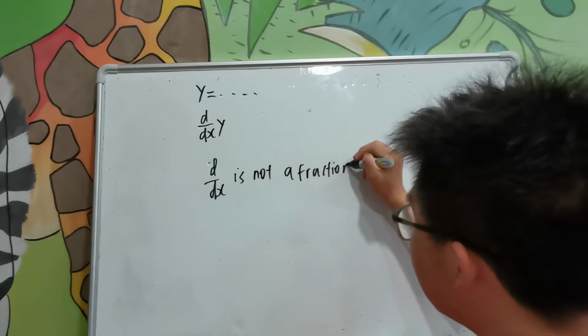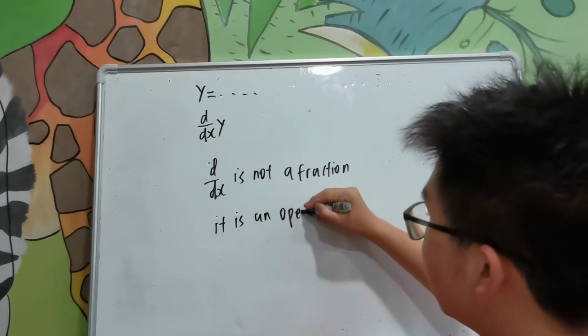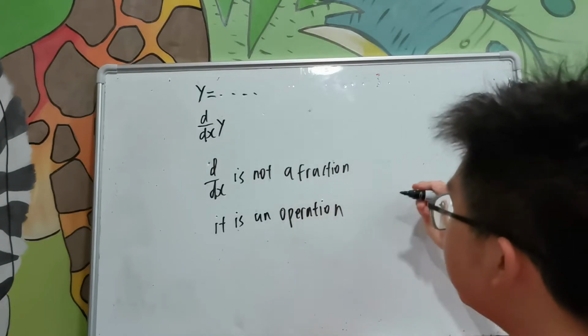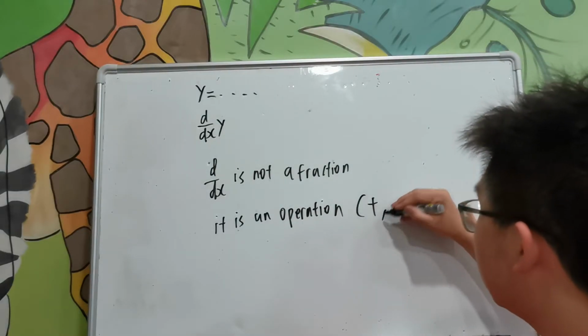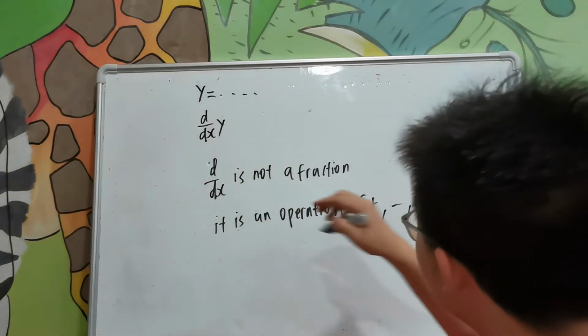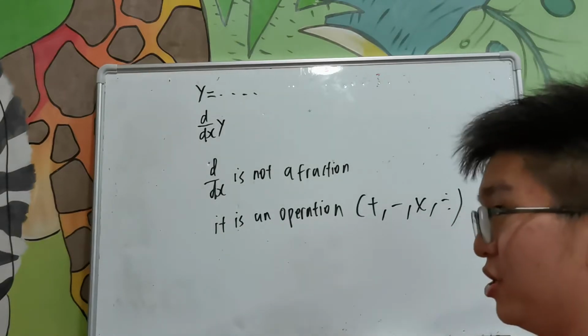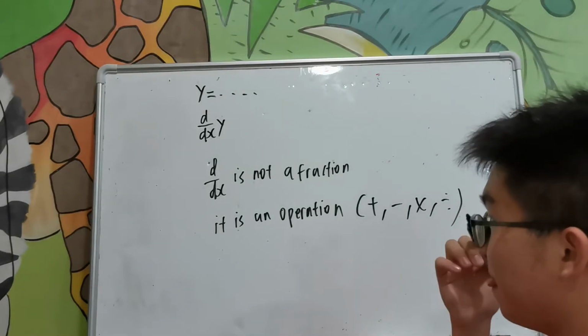It is an operation. And what are operations? Operations are similar to your plus, minus, multiply and divide. So this is not equal to this. Your d/dx is an operation, it is not a fraction.